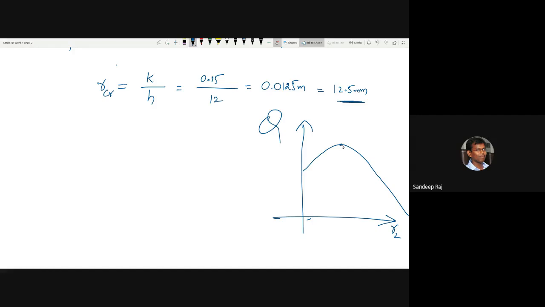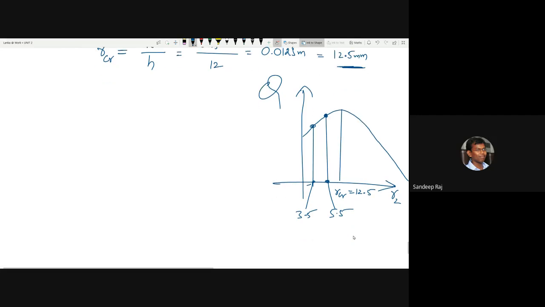Now, here, this point is your R critical, which is 12.5. And somewhere over here, we have 5.5, and this is R equal to 3.5.